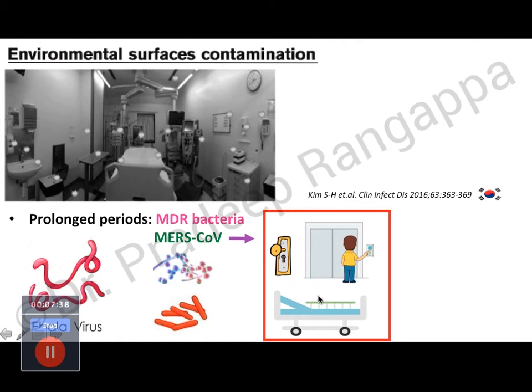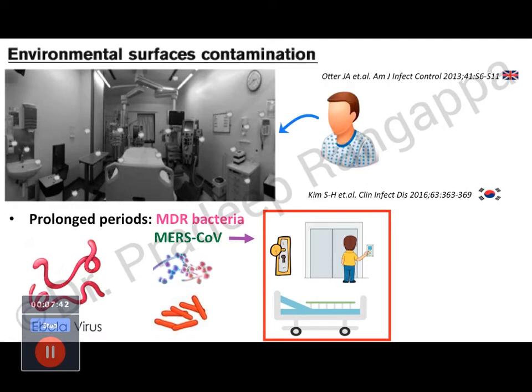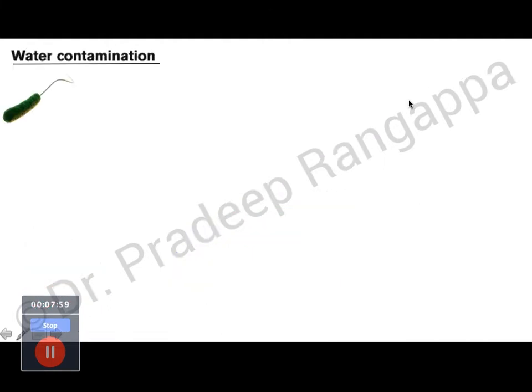So these are the areas where they found it to have been colonized. And another mode of spread is once the patient is discharged from an isolation with a potential infection which could cause an outbreak, any new patient who gets admitted into the same space, if it is not properly decontaminated, can be a source for an outbreak. This was reported in a study from the UK.